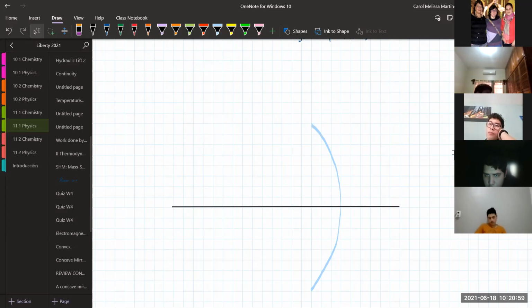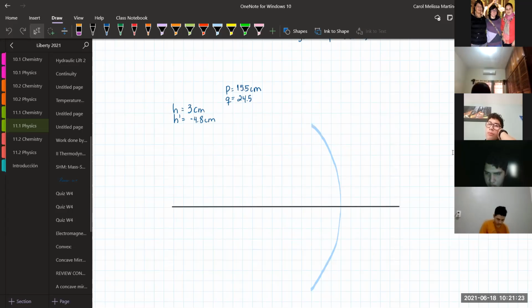So we have that the object size is 3 centimeters. We know that the image size is negative 4.8 centimeters. We know that P is equal to 15.5 centimeters. We know that Q is equal to 24.54 centimeters.